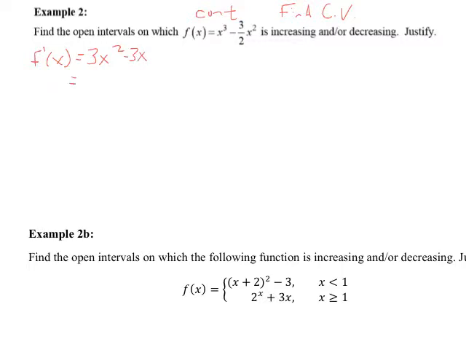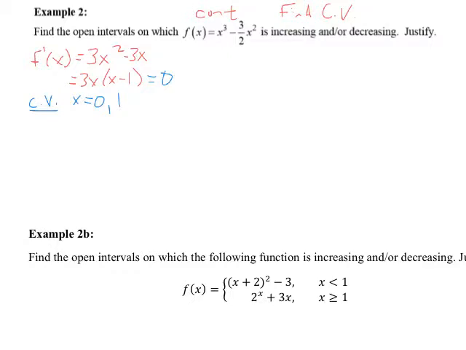And we can factor that because that allows us to find the critical values more easily. When we set this equal to 0, we find that there are critical values at x equals 0 and x equals 1.